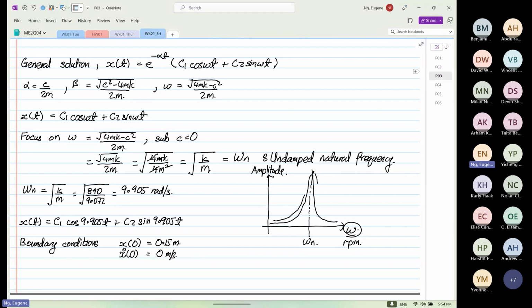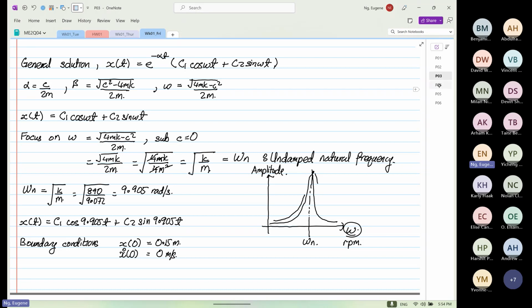After the load has been suspended by the spring, there's an extension of 0.1, so that's the new equilibrium. I stretch it to 0.15 meters and then I let it go. When velocity is equal to 0, it means I let it go without moving my head. If I put in a velocity, it means I do an upward push or a downward push. Be clear? For this case, we are going to release it at speed equal to 0.